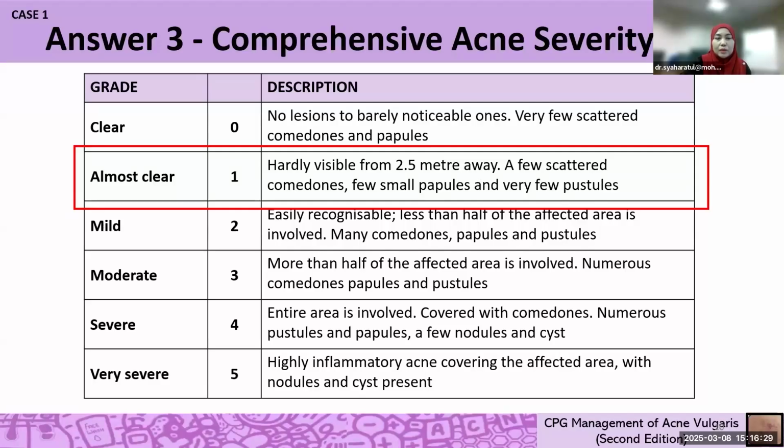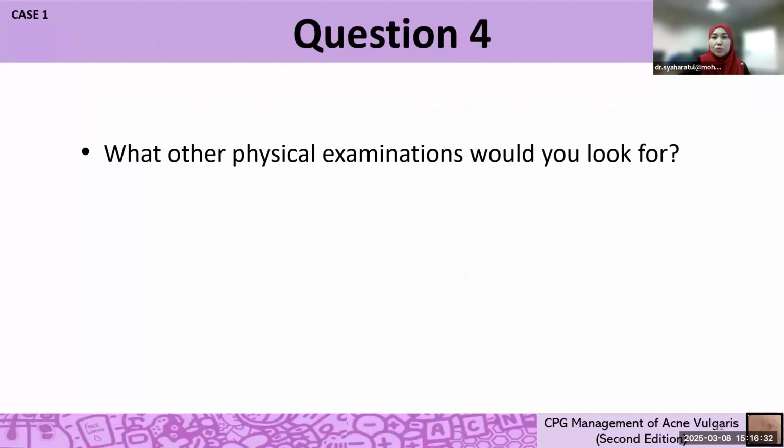severity. So what physical examination would you look for? This is a 16-year-old girl. Any other thing that you want to look for to help with your diagnosis and management? Yep, trunk. Examine the trunk, look for hirsutism, BMI.